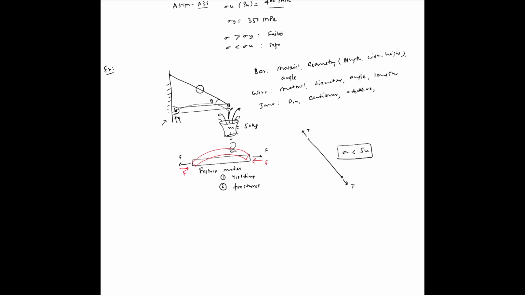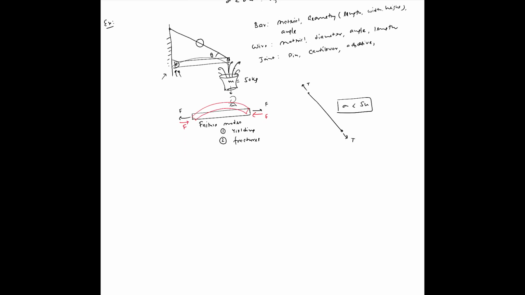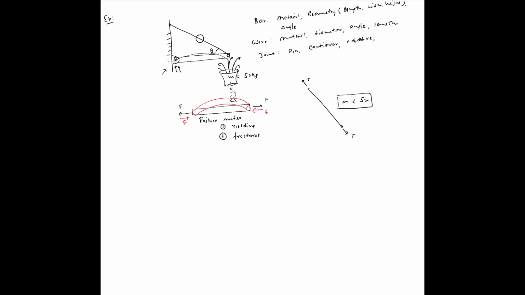Just to give you some numbers, we have already seen that different kinds of material have different ultimate tensile strength. So let me draw a table: materials, and S sub U, the ultimate tensile strength. For ASTM A36, which is a grade of structural steel, it's close to 400 megapascal.